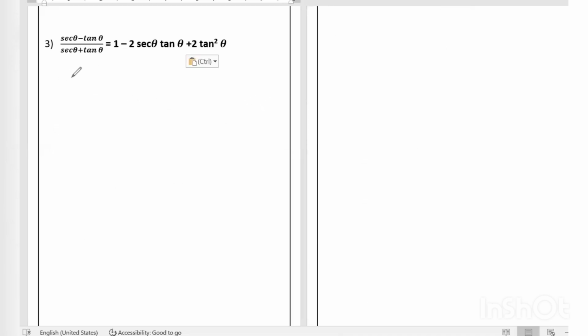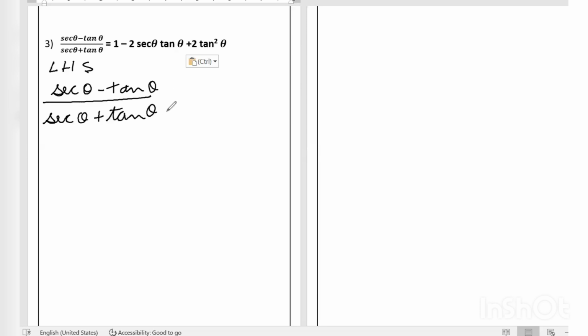And third question on the same pattern. Here, the question is sec theta minus tan theta upon sec theta plus tan theta is equals to 1 minus 2 sec theta tan theta plus 2 tan square theta. So again we are going to start with the LHS. So sec theta minus tan theta upon sec theta plus tan theta.